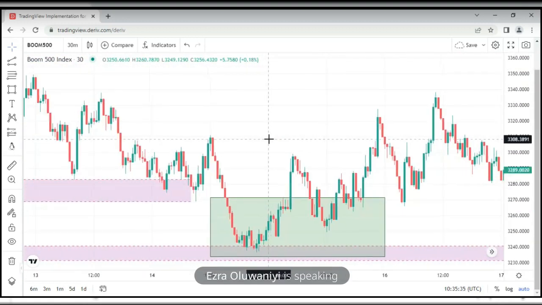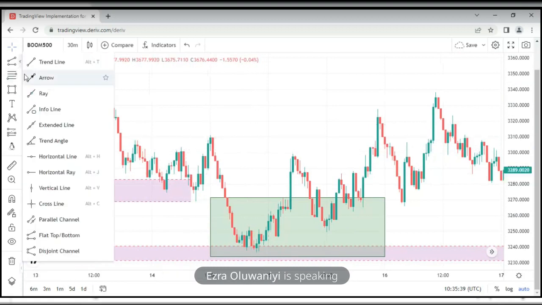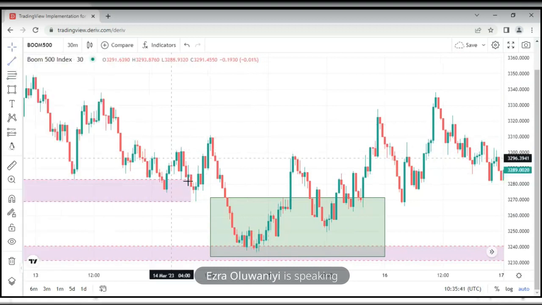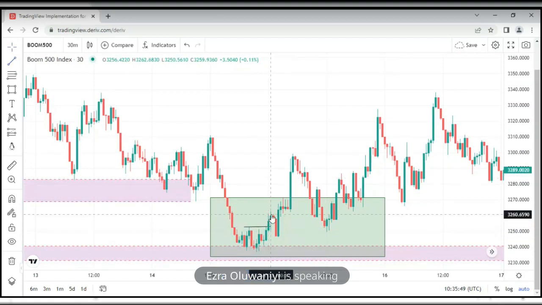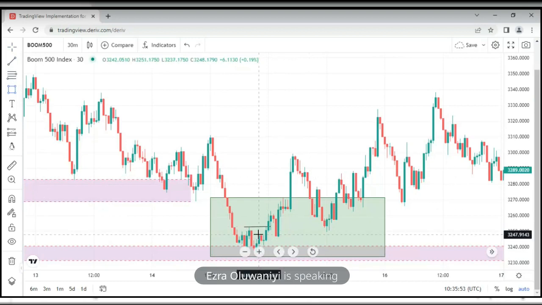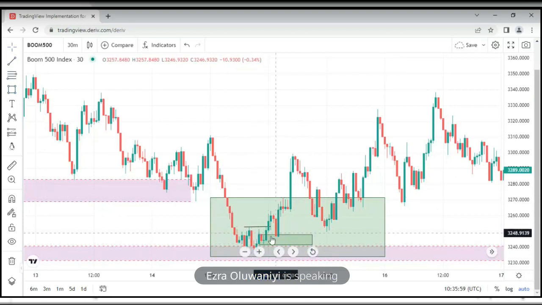Wow, there was a clear break of structure and a good retest. You should always be able to take this. So this was a break of structure here, and there was a retracement. That was a retest around this zone. So you should be able to get your zones right, okay? As soon as price gives this retest, you are buying.